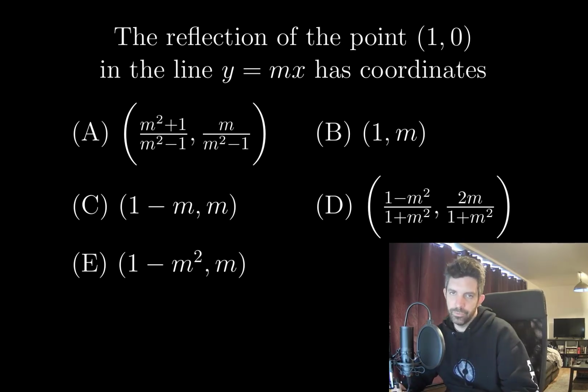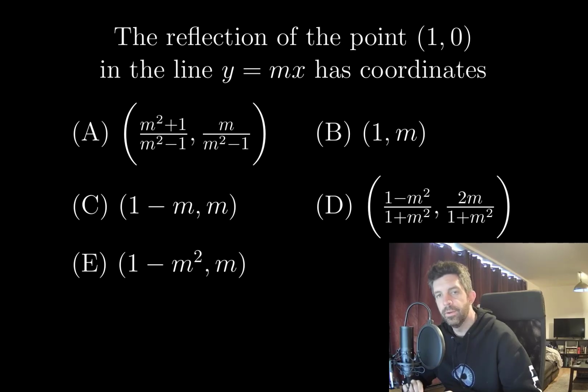If we wanted to sort of not cheat, but use the options here, we could think about some specific values of m. Simple things like m equals 0 or 1, where it should be immediately obvious what the coordinate is, and maybe that would allow us to eliminate a bunch of options here.